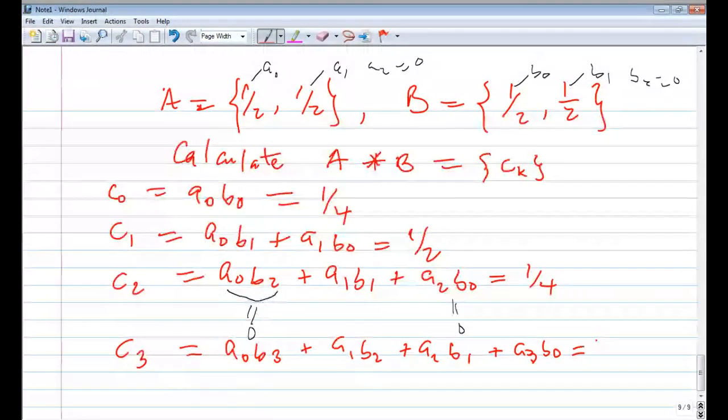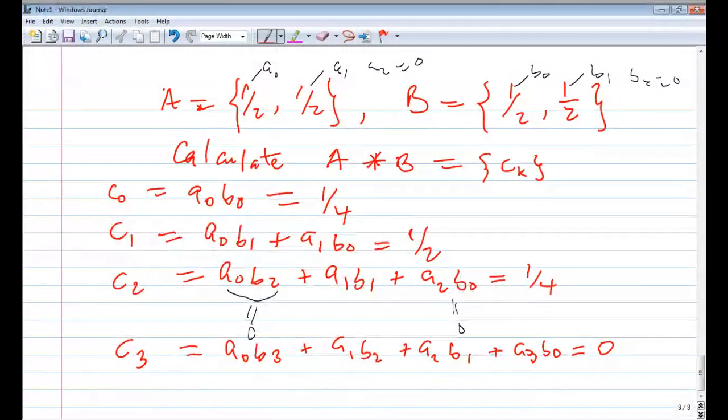Yes, correct, it's 0. All of them from C3, C4, C5 until Cn are going to be 0.